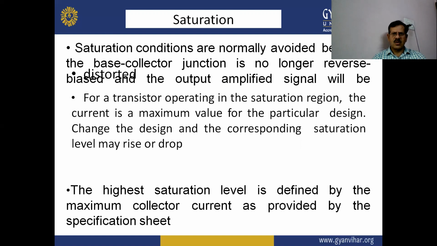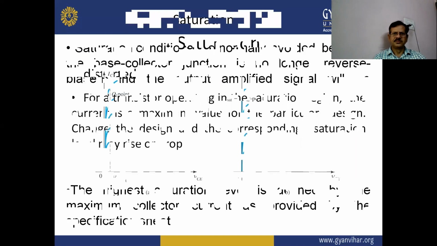For a transistor operating in the saturation region, the current is a maximum value for the particular design. Change the design and the corresponding saturation level may rise or drop. So the highest saturation level is defined by the maximum collector current as provided by the specification sheets.